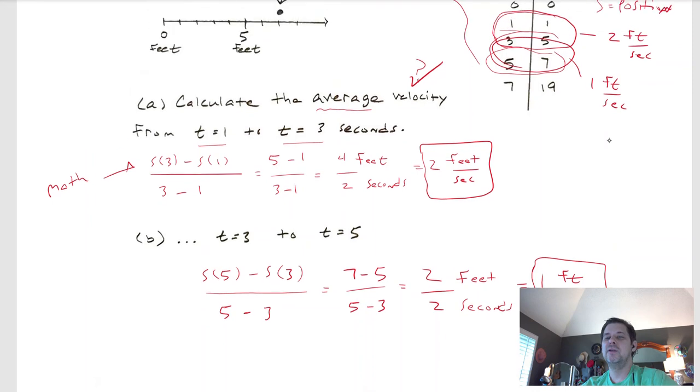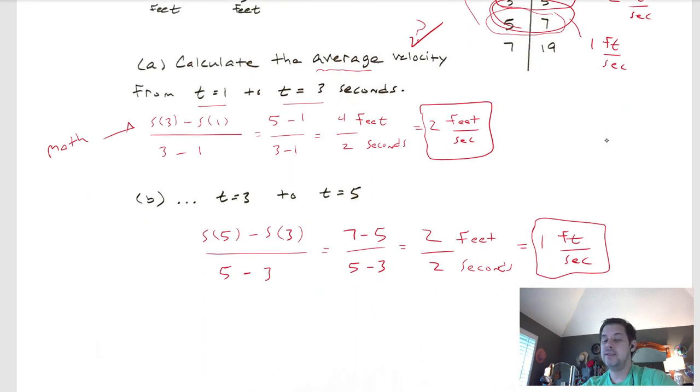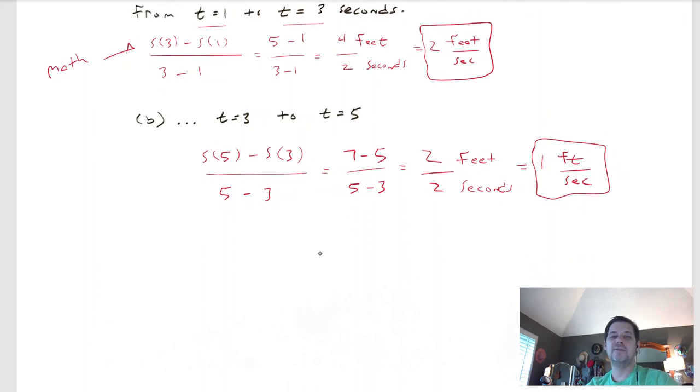Now, we'll learn a way in the next lesson to refine this to be a little bit more precise, because maybe you can imagine that unless this time period right here is very small, the average may not be accurate. So I'll give you a quick example as something to think about.